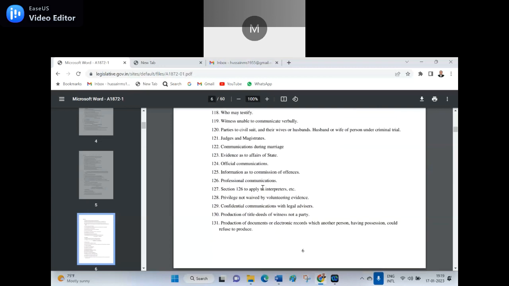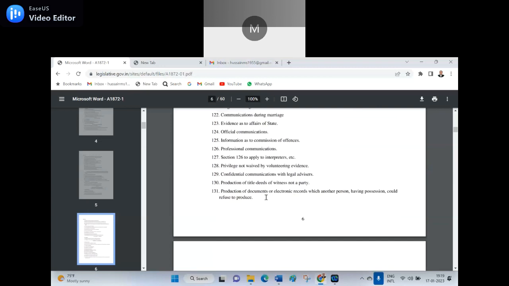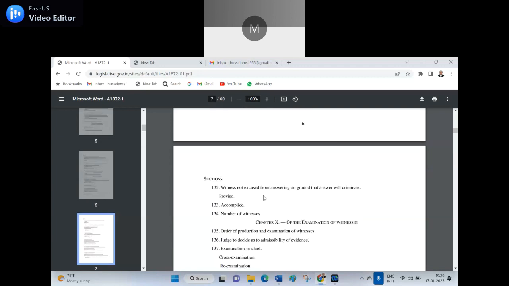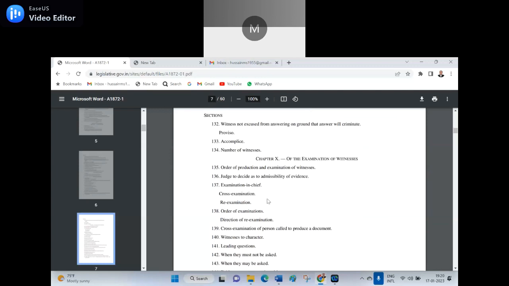So from any point of view, they can raise the question and frame the questions. Today I try to make questions using different techniques. But if you want to use different techniques, you have to explore. One more question I thought of framing from here also: examination in chief, cross-examination, re-examination, order of examination.